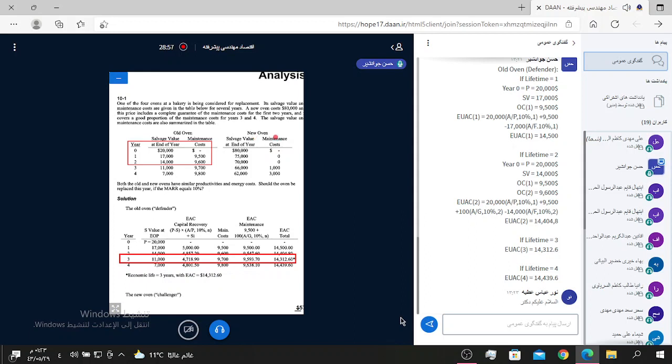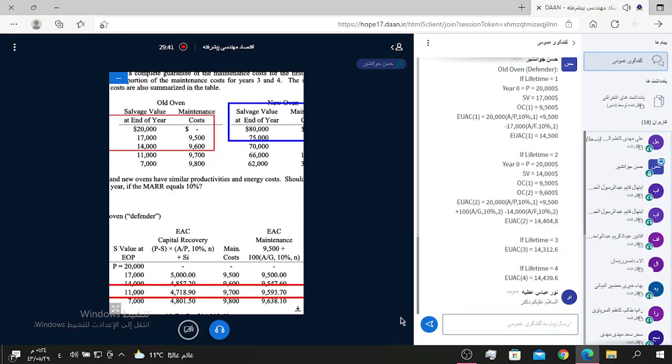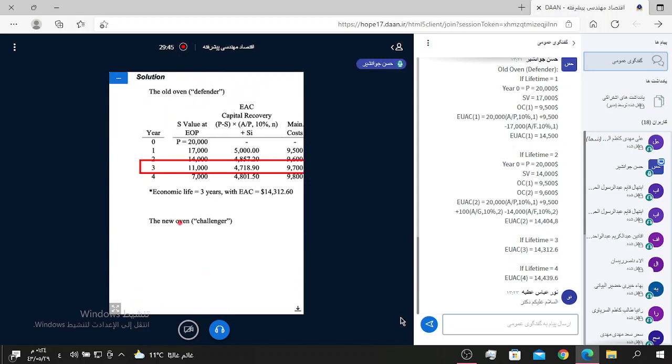For the new oven, we can find the new oven for 1 year. The new oven is called the Challenger.